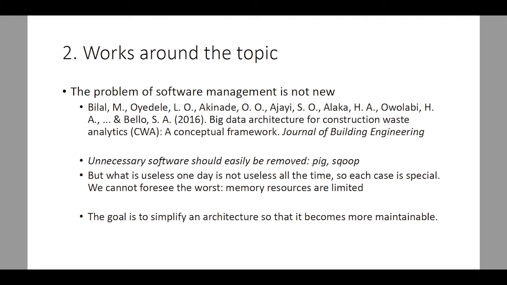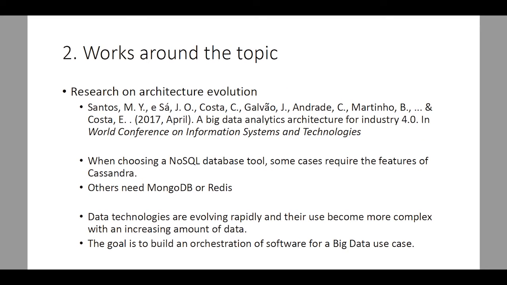Similarly, Dr. Gio Costa and his colleagues have presented a specification of software architecture requirements for big data developments. He takes the example of a NoSQL storage system, the nature of which can vary depending on the project.